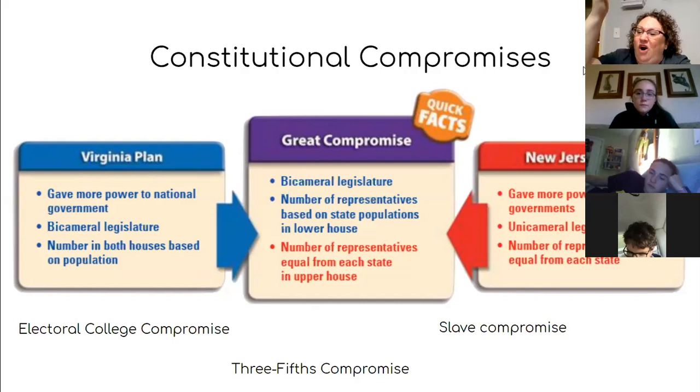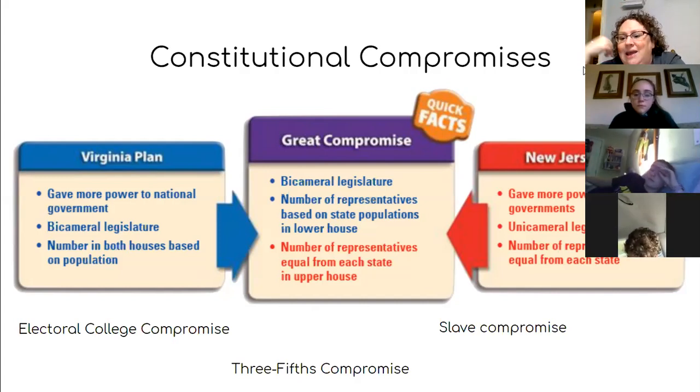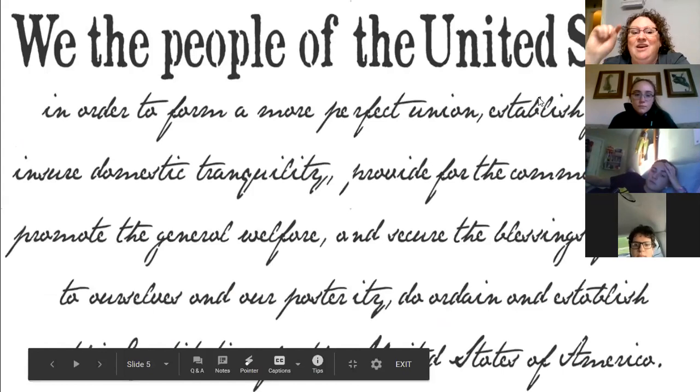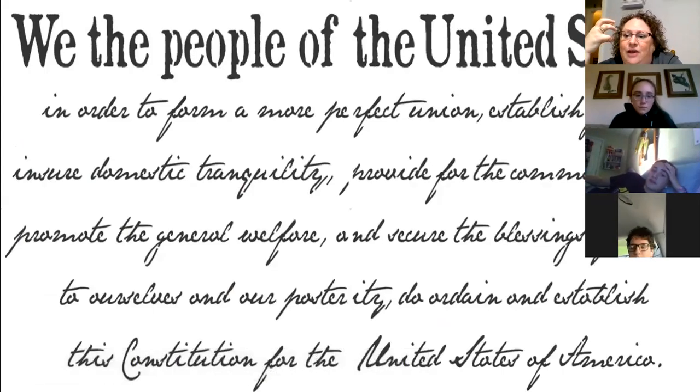Think about all the powers that are enumerated in Article 1, especially in Section 8, where they go on and on about all the different things they are able to do. And think about how they've expanded those powers through the Commerce Clause. Oh my gosh, they've taken so much advantage of the Commerce Clause to do all kinds of things to expand their power.